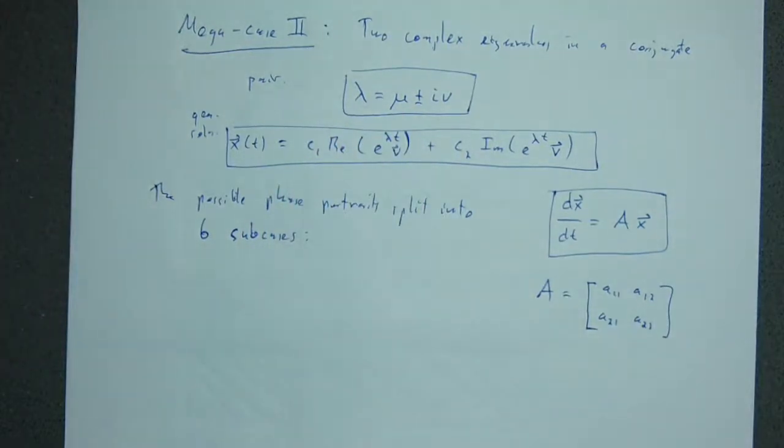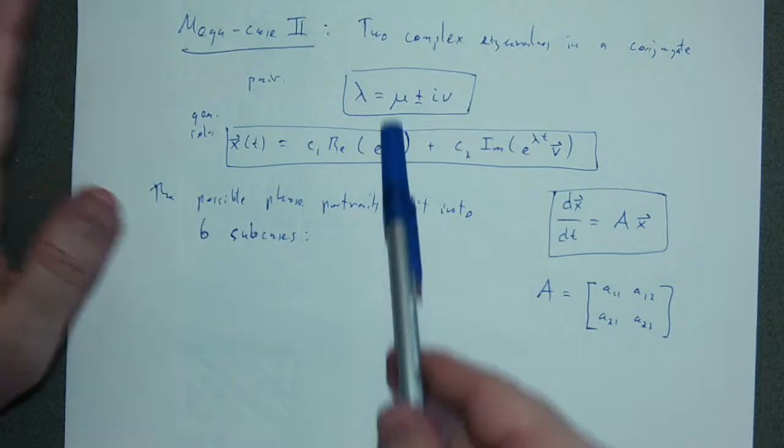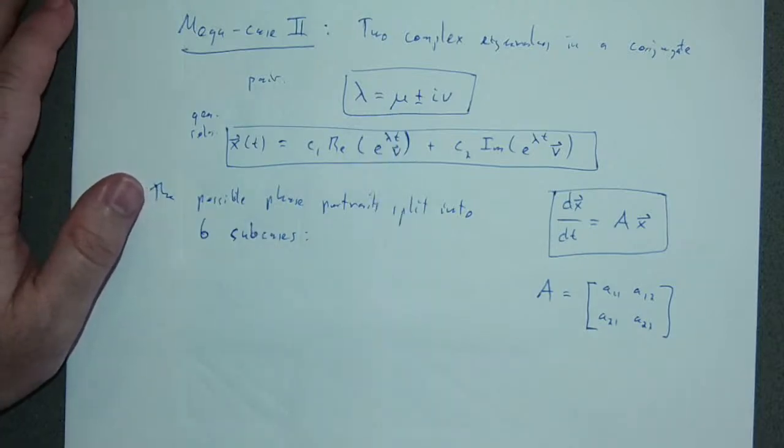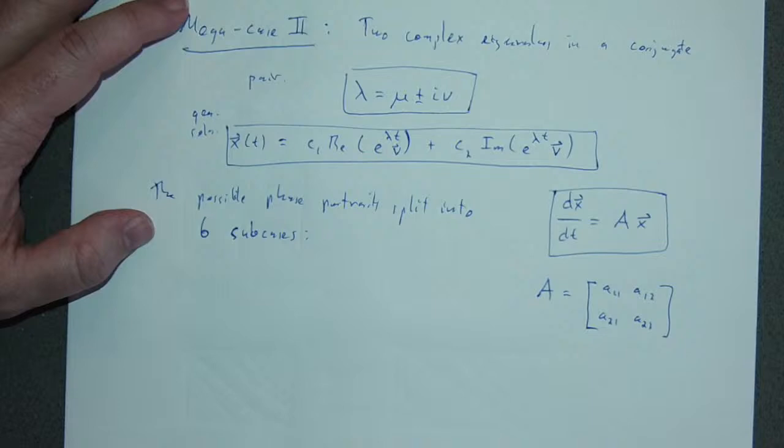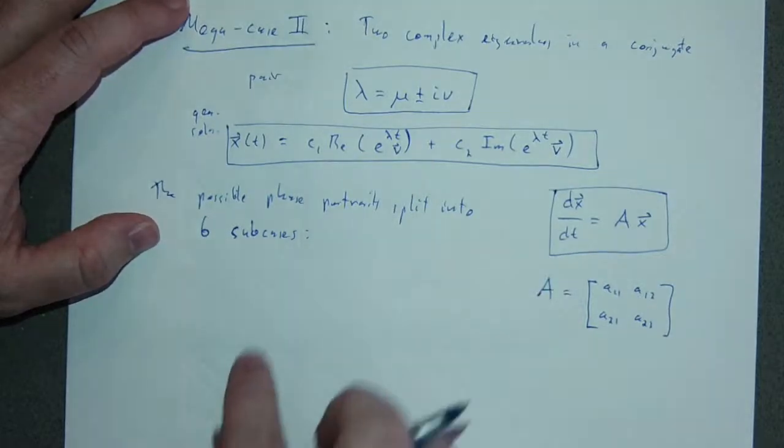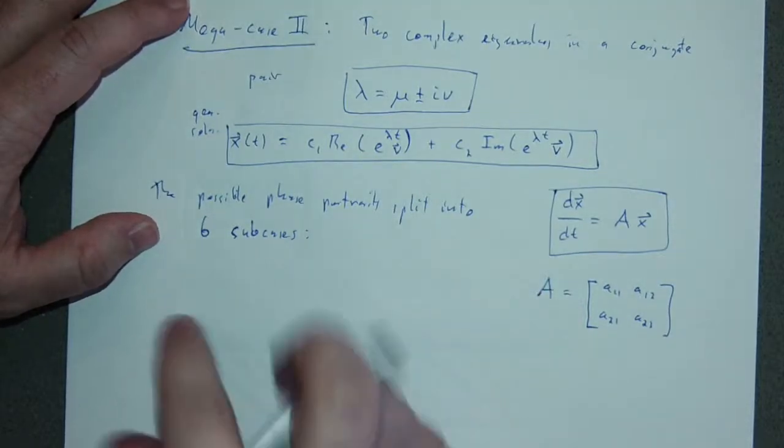The subcases, as you might have thought about already, depend on the real part of this eigenvalue and whether it's positive, negative, or 0. Okay, so what are the cases? Actually it splits into 3 cases and 2 subcases each.